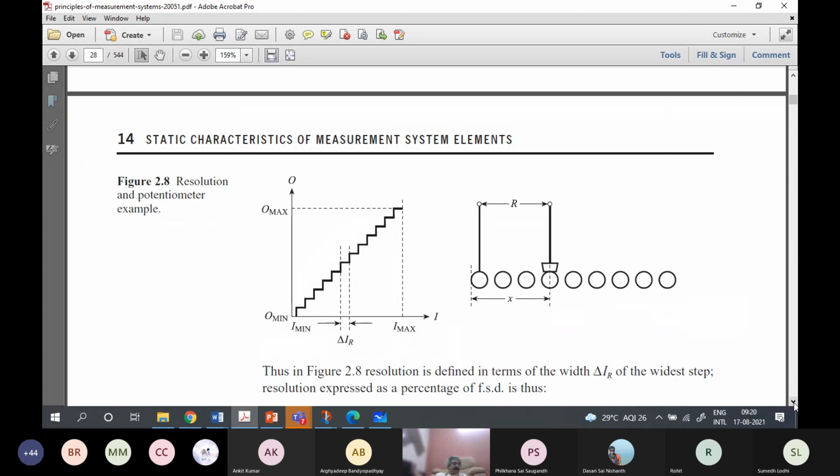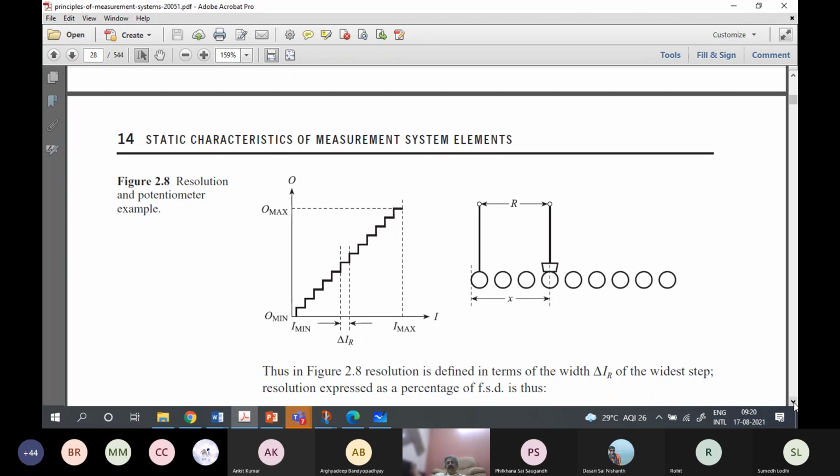So this is one example. There are some sensors which are inherently discrete, like they have given an example of a potentiometer. So a wire wound, a coil is wound, and on this you have some wiper.